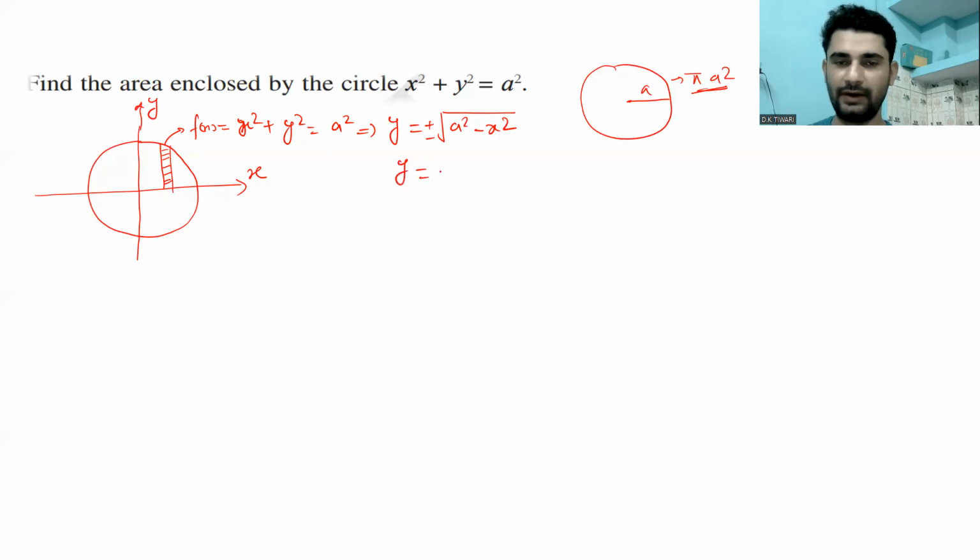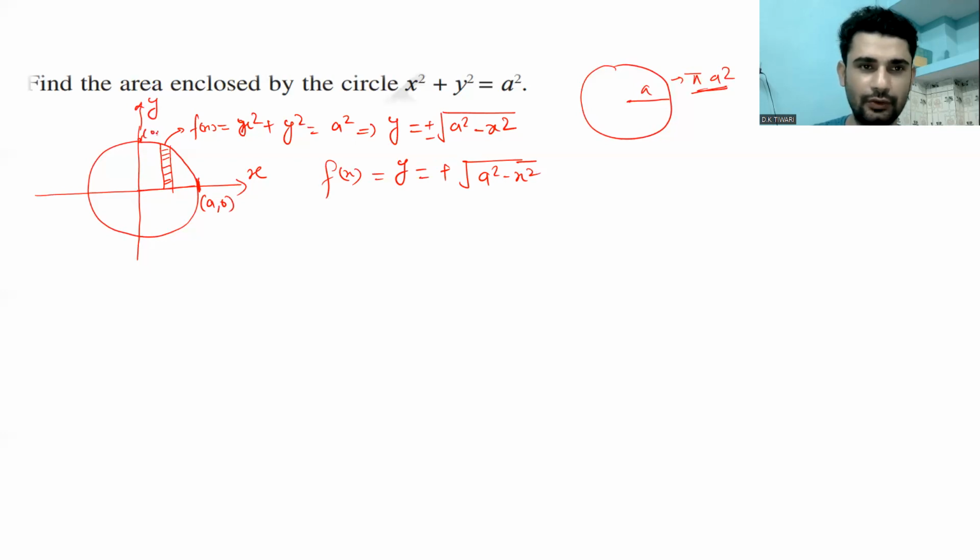So y equals plus under root a square minus x square. This is the function value. Now, what is this point? This is nothing but the radius of the circle, so the coordinate of this point is (a, 0), and this will be (0, a).